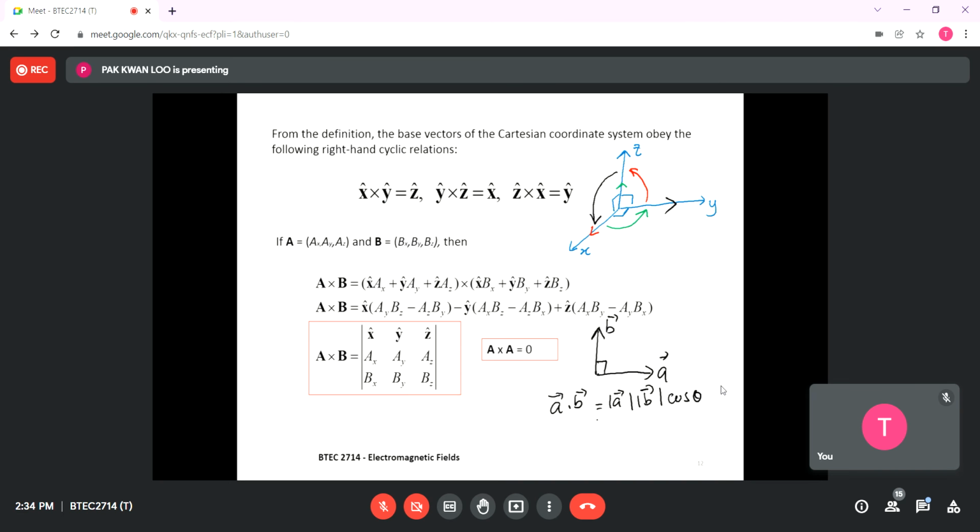So perpendicular vectors have a dot product of 0. Parallel vectors, when we perform the cross product, give 0.